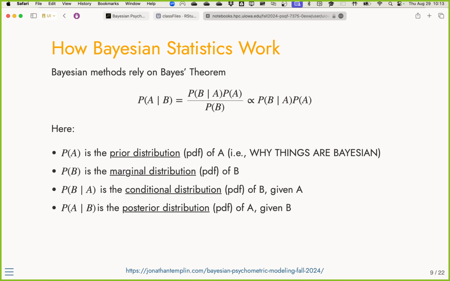So here's how Bayesian statistics work. Let's imagine we were after the probability of an event A occurring conditional on an event B. What Bayes' theorem gives us is the probability of B occurring given A, times the prior probability of A occurring, over the probability of B occurring itself.